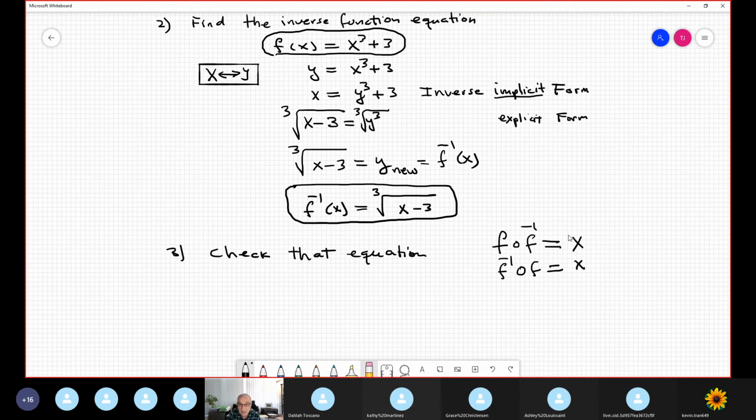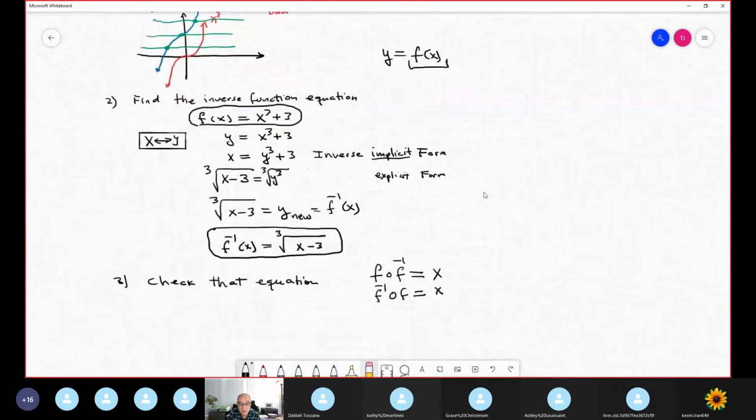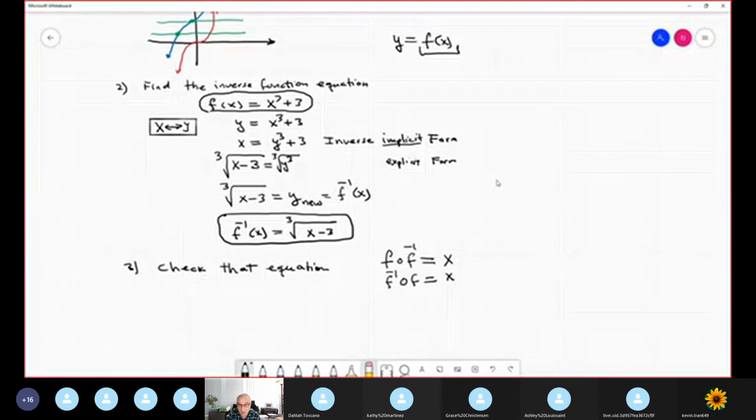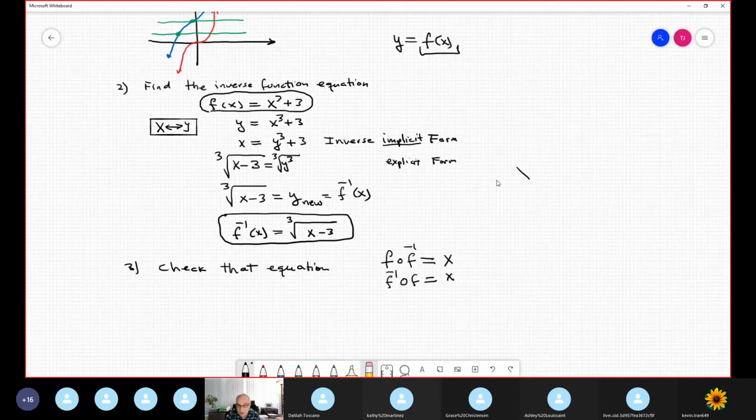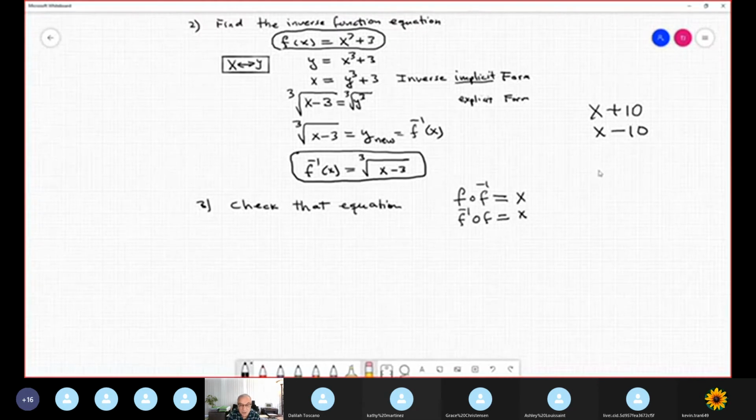A similar idea that we discussed before. Remember the example x plus 10 and x minus 10, no? So you put them together, the 10 is cancelled and you get the identity function. So we come back to the original. But I want to prove it in general for any expression.